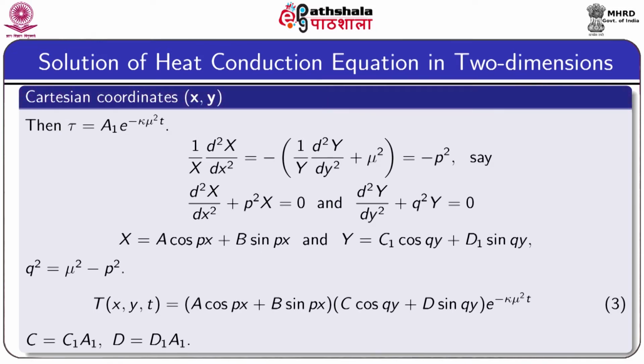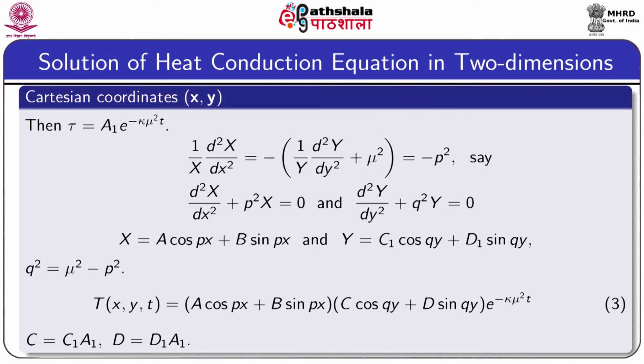Now our aim is to separate the variables small x and small y. For that purpose, we separate in this way, which is written in the slide, and we again consider another separation constant as minus p square.